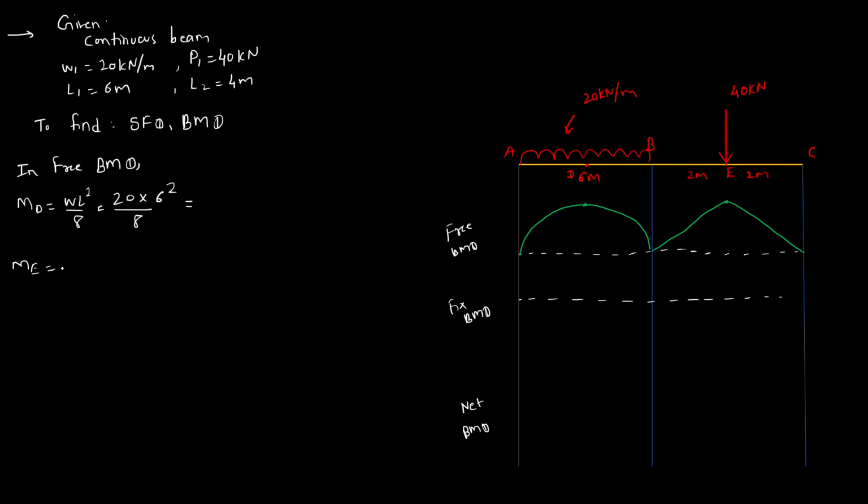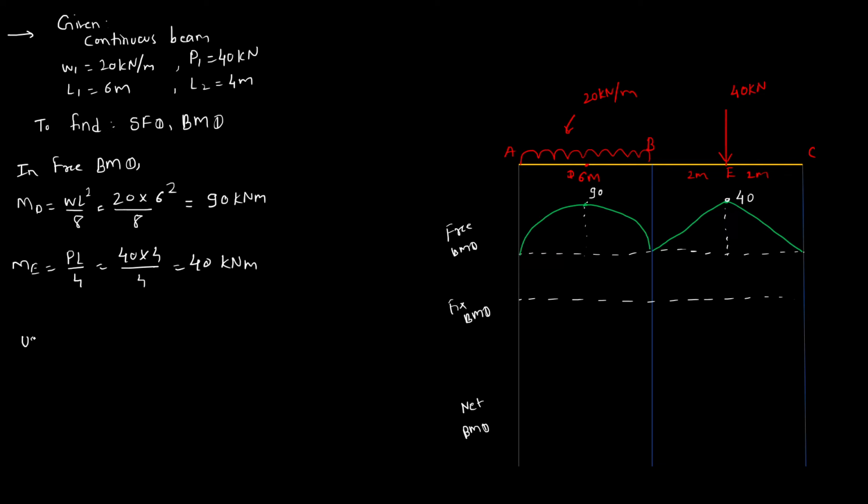Similarly, moment at point E, point load at the center, is PL by 4, so 40 into 4 by 4. This will be 40 kilonewton meter, and the value of MD after calculating is 90 kilonewton meter. So this is 90 and this is 40, this height.